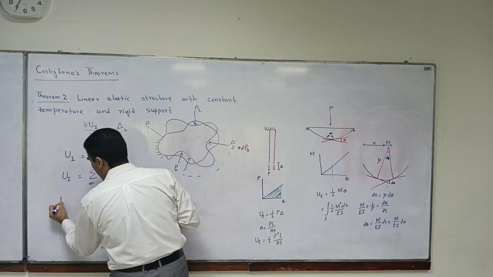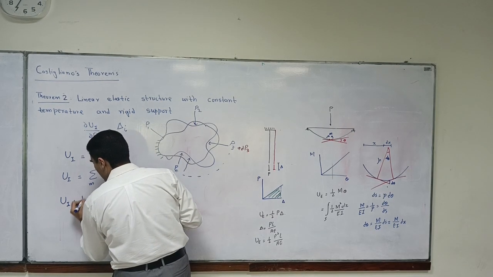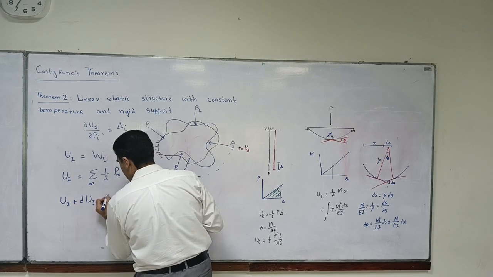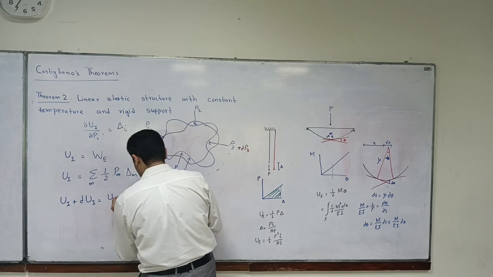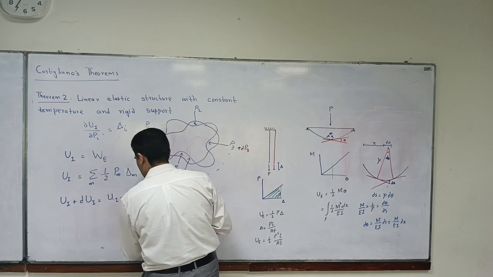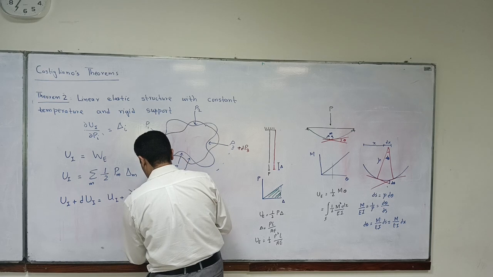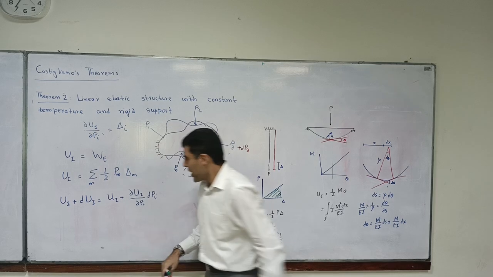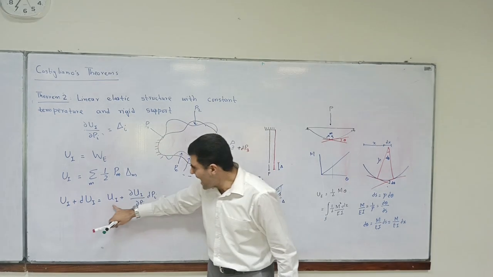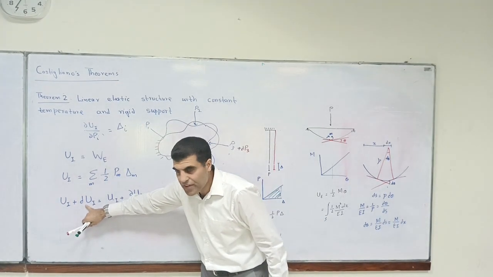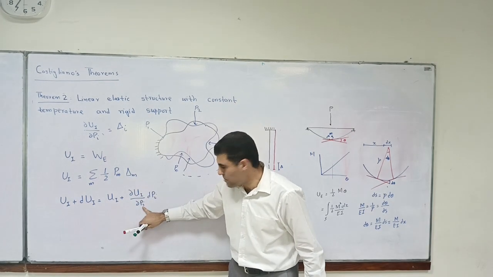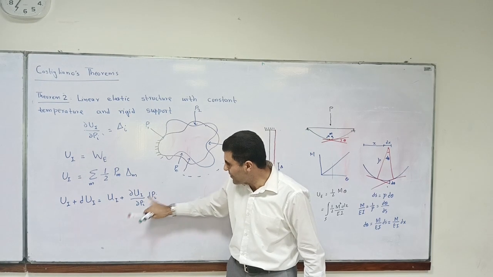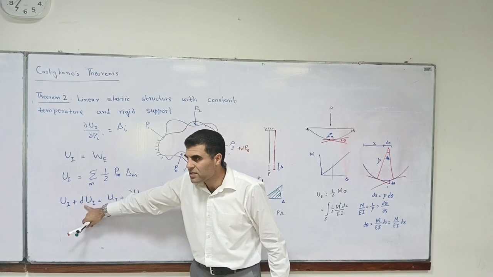Initially we had U, and then we will get dU, which is equal to, using the chain rule, the rate of change of U with respect to P times dP, because this dP will cancel out with this one and we will get again the dU.